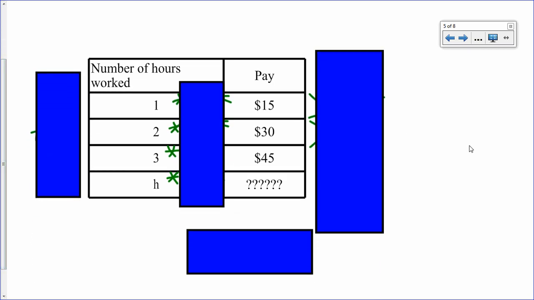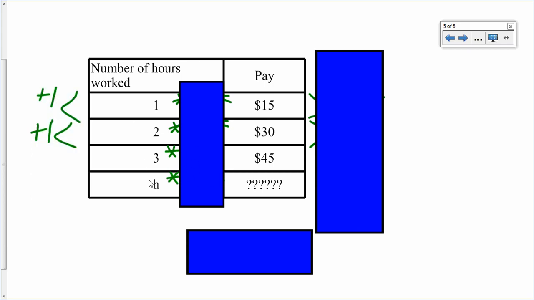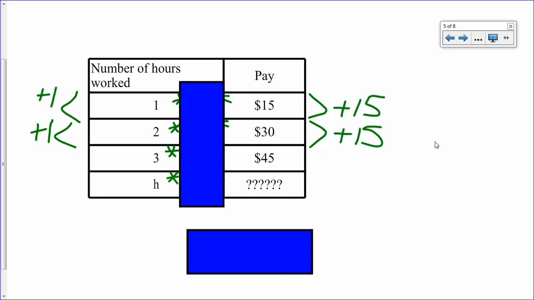You're also going to need to be able to take charts and translate them into expressions or equations. Let's look at this one, the number of hours worked and the pay you received. You want to look to see that the difference between the numbers of hours worked is the same. In this case, it goes up by 1 every time. Your pay in this case goes up by $15.